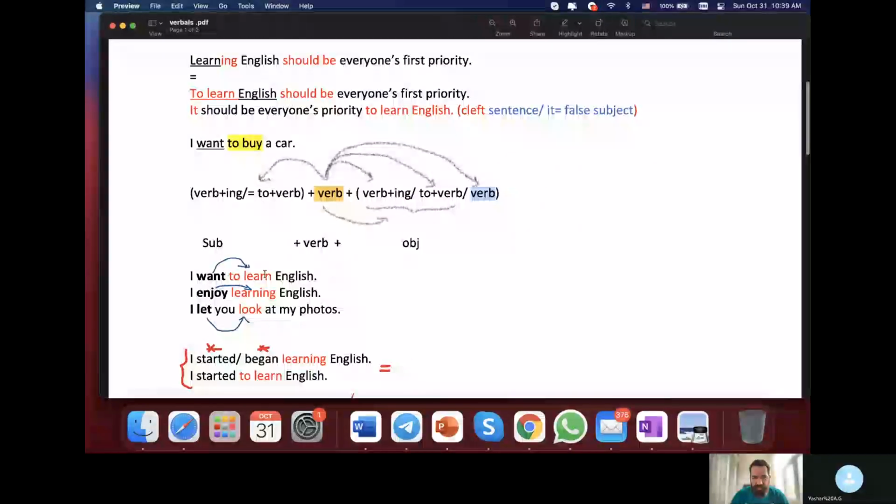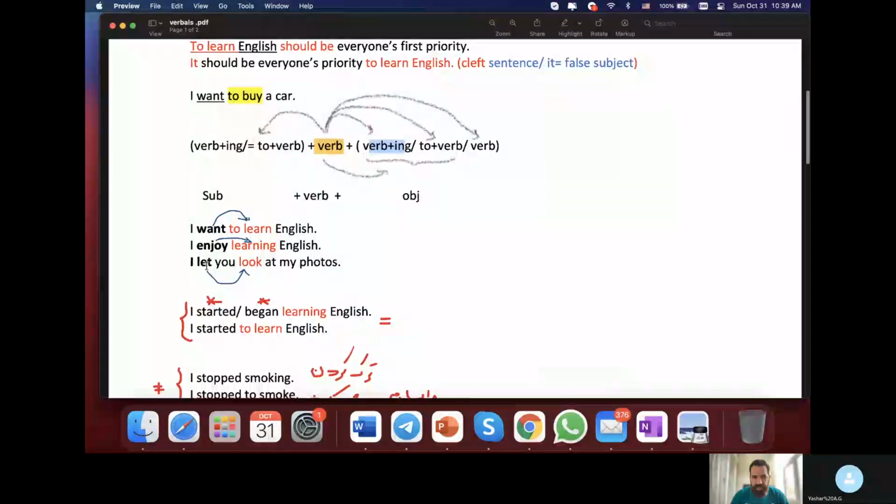So if you use a verb like want, you should use to plus verb. I want to learn English. If you use a verb like enjoy, you need to use gerund form, ing form. I enjoy learning English. If you use a verb like let, you need to use bare infinitive. I let you look at my photos.